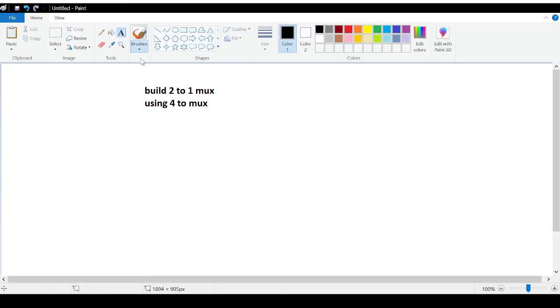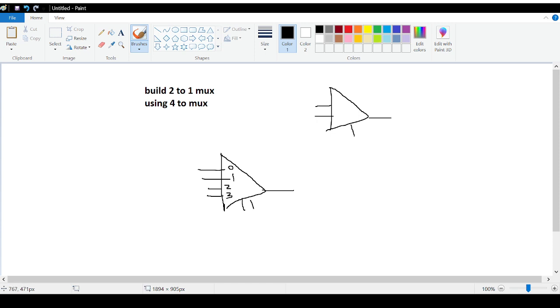So again we will draw this. A 2-to-1 mux means 2 inputs and 1 output, and it should have 1 selector. A 4-to-1 mux means it has 4 inputs, 2 selector bits and 1 output. So this is input number 0, 1, 2, 3.